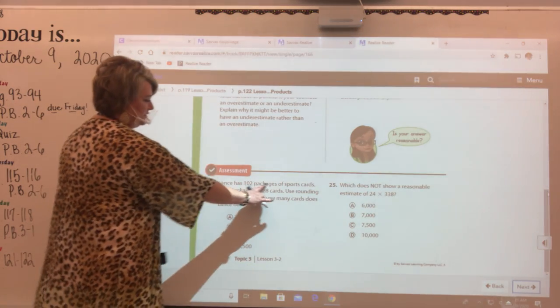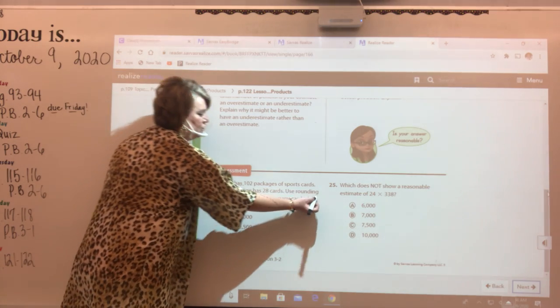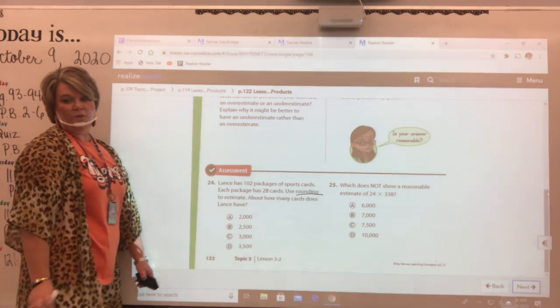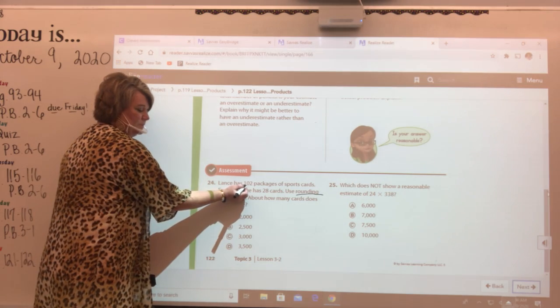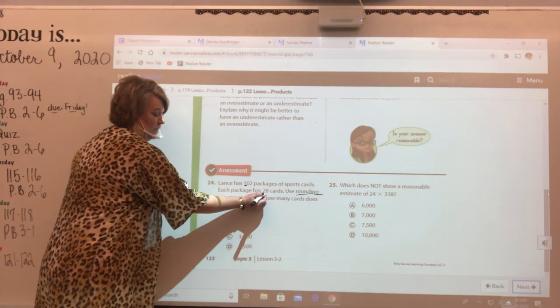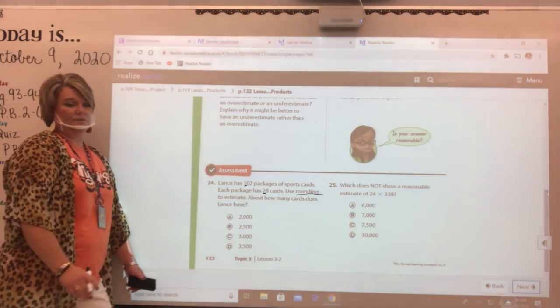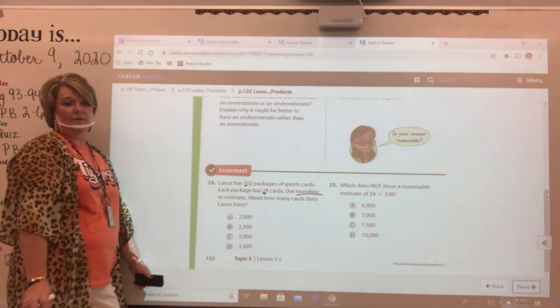Number 24. Lance has 102 packages of sports cards. Each packet has 28 cards. Use rounding. Underline that word, rounding. So on 102, underline the 1. On 28, underline the 2. So Eric, is that 0 gonna have enough power to push that 1 over, young man?